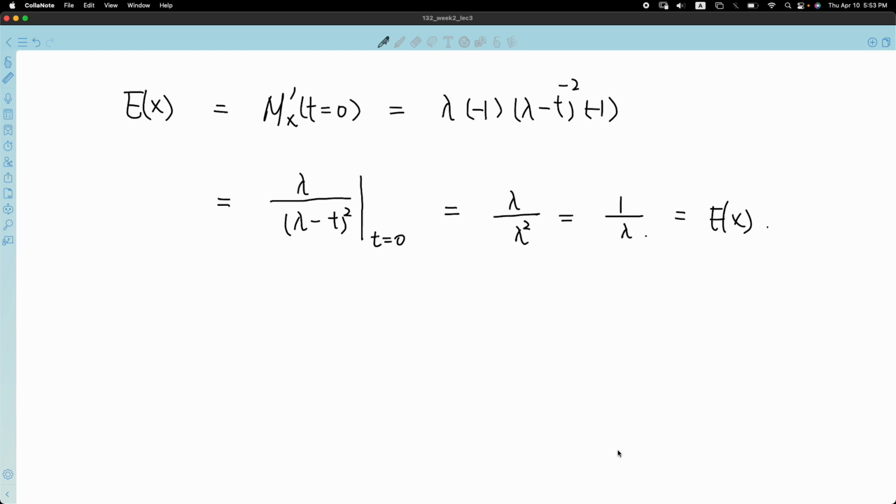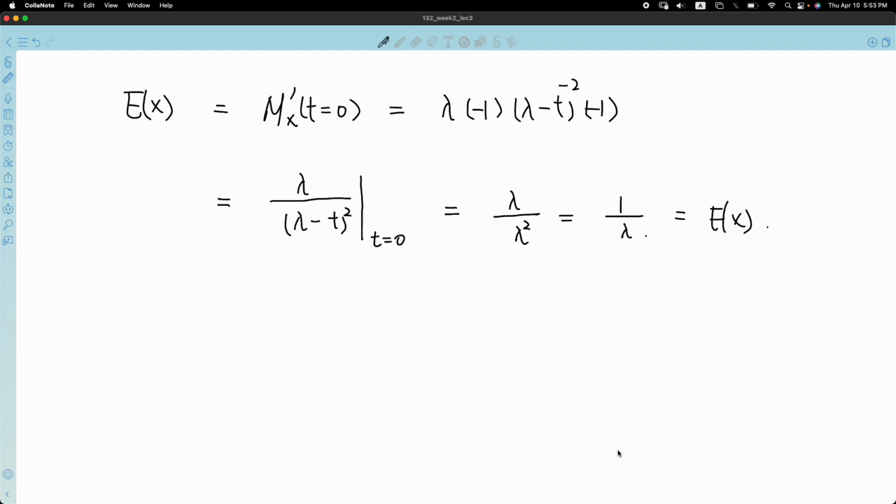So this is essentially offering a second method to calculate the expectation. So it's up to you whether you want to use the method that we did on Tuesday or the method that we did today to calculate the expectation.